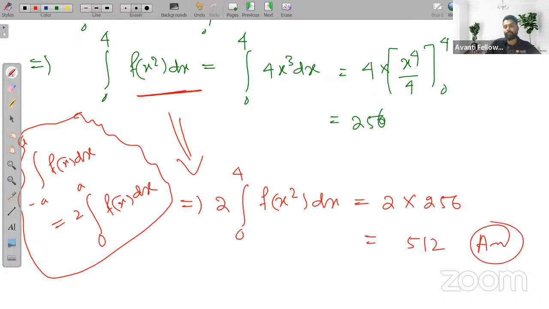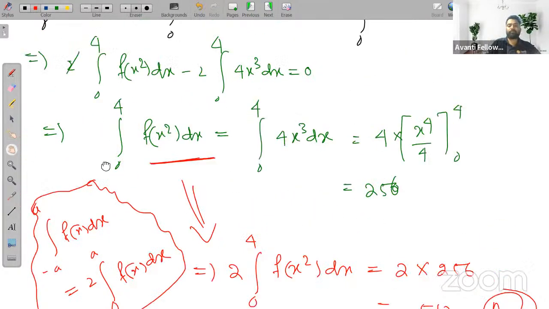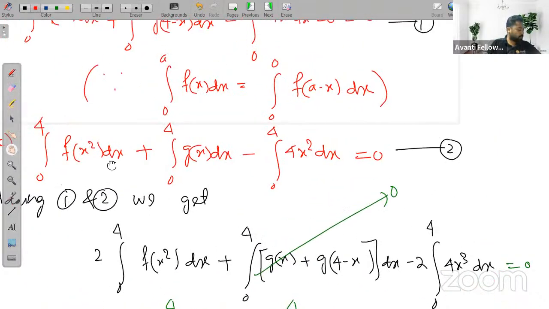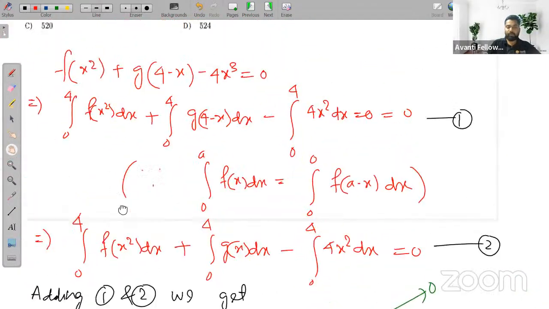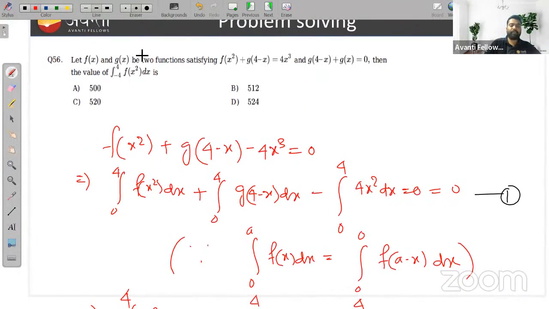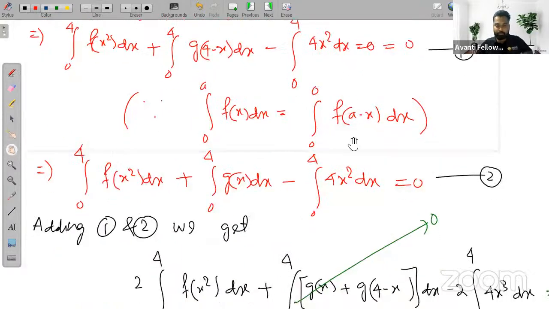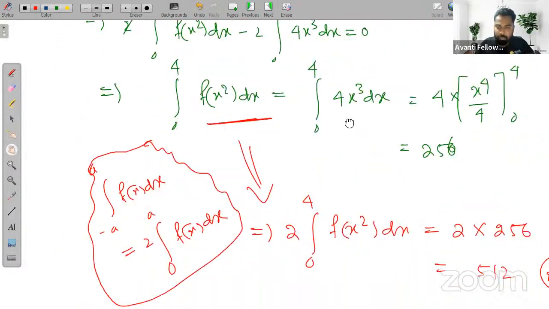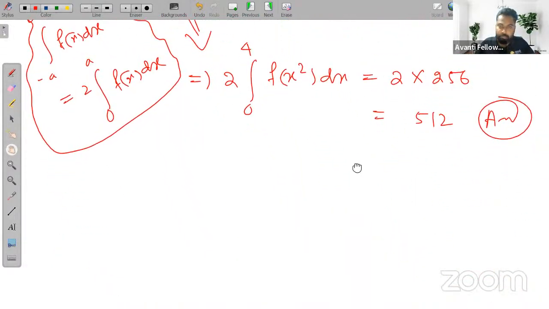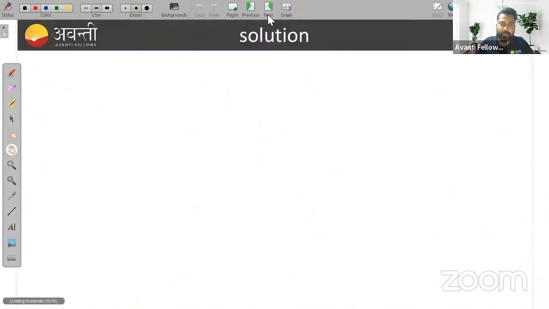So 512 is the correct answer. So option B is the correct one. 512. Clear, everyone? If you have any doubt, you can ask. Let's move to the next question.